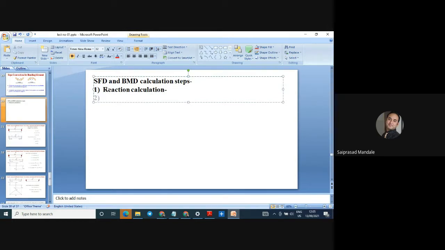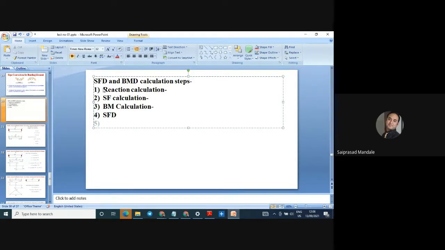Second step is SF calculation. And the third step is BM calculation. Then SFD, that is shear force drawing.